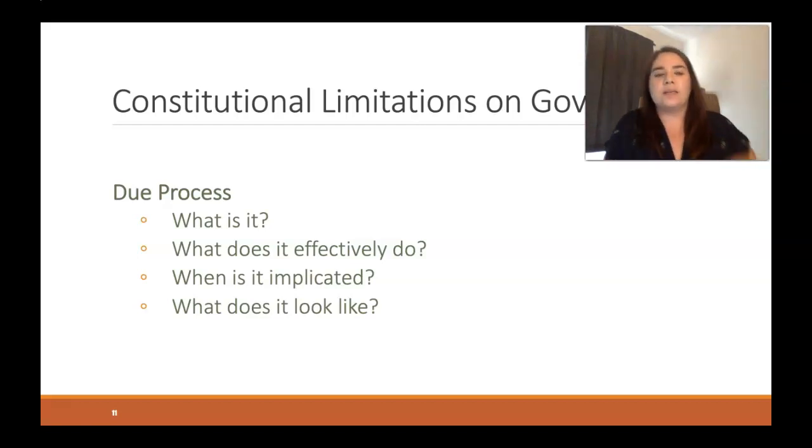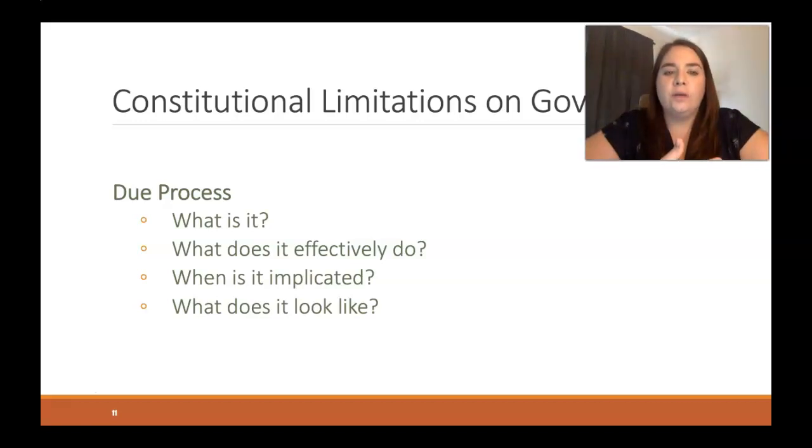So what it does is it protects individuals from unlawful actions against them, be they criminal or civil, and it allows that person to be treated equally under the law, under the same procedure as anybody else. It's implicated most often in criminal law cases or cases that involve constitutional questions, and it looks like adequate procedure. That's what that looks like, is so long as the person got a fair shake, due process has been followed.